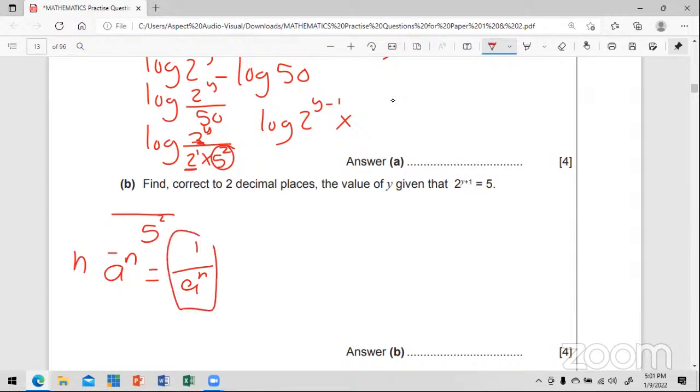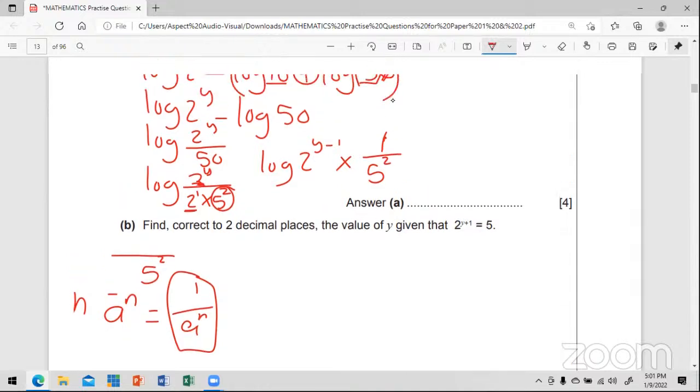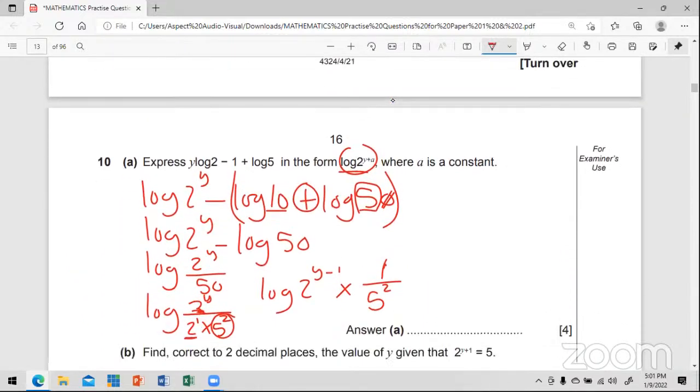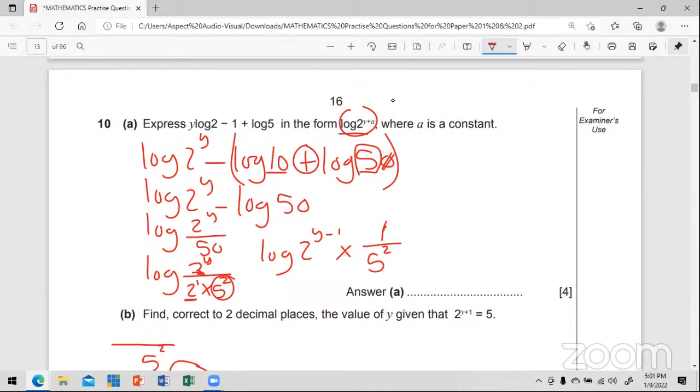So it's actually the same thing as that. So here you are multiplying by what? By 1 over 5 to the 2.